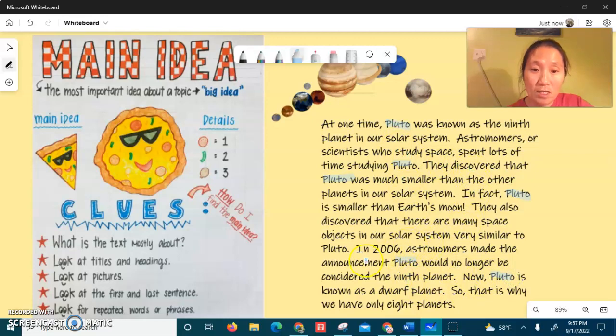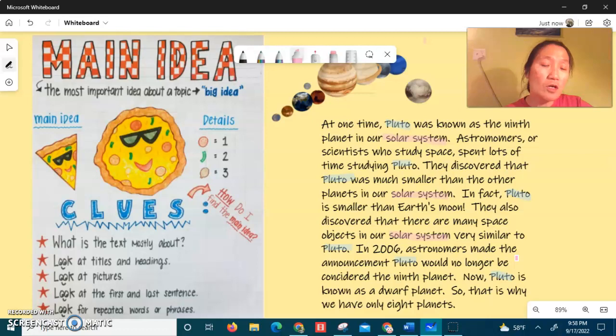Let's look at some other things that are being repeated. Solar system, solar system, solar system. That is repeated several times, more than twice.